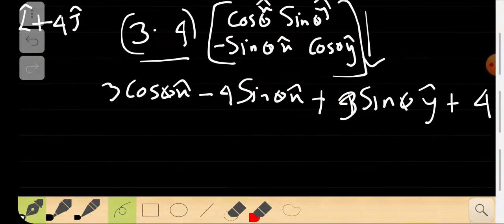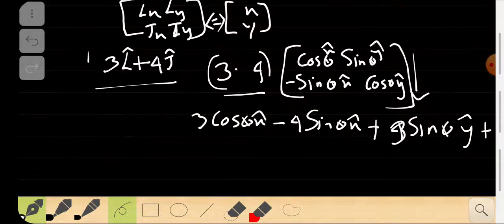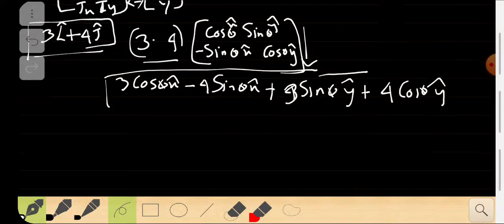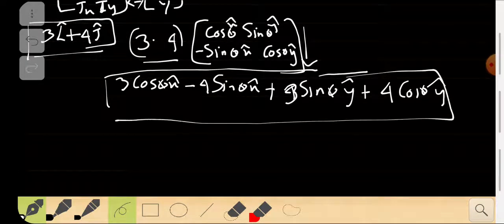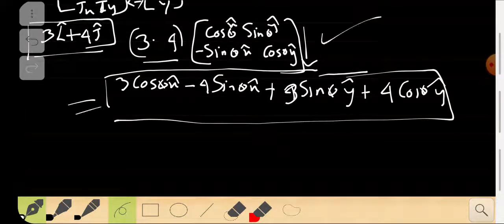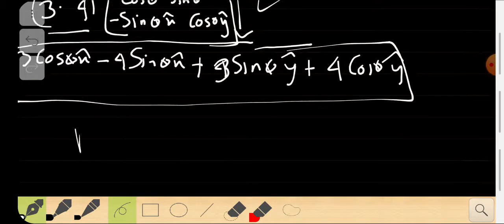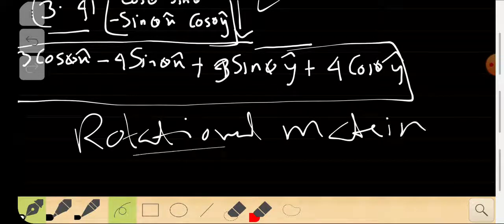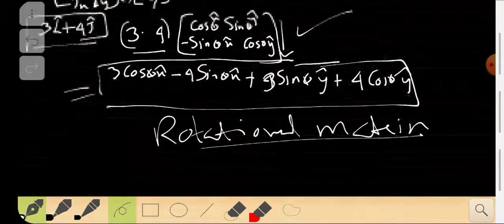So that's the vector 3L and 4J in terms of x and y. So we have transformed 3L and 4J in terms of x and y using just this matrix. You remember, this matrix is called the rotational matrix. So using the rotational matrix you can transform anything.